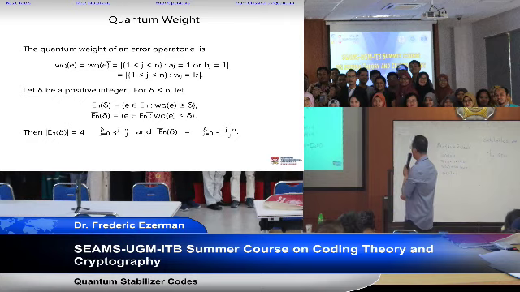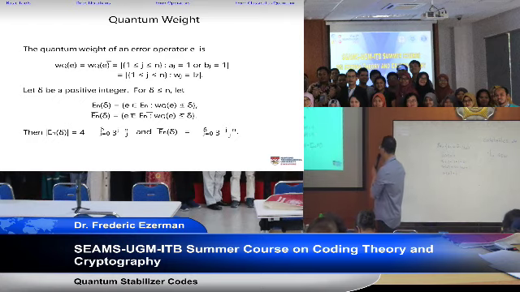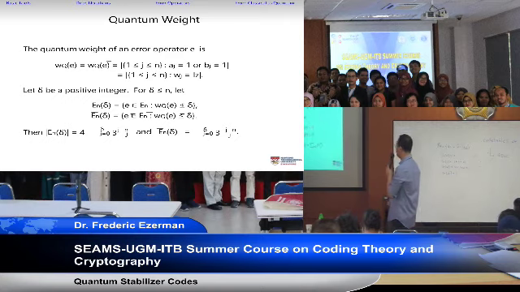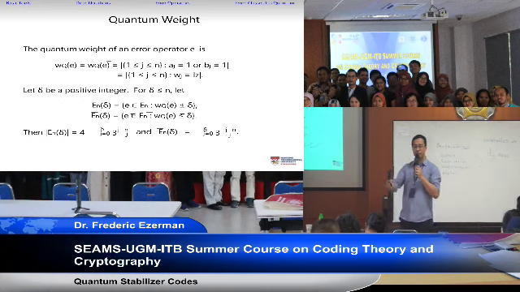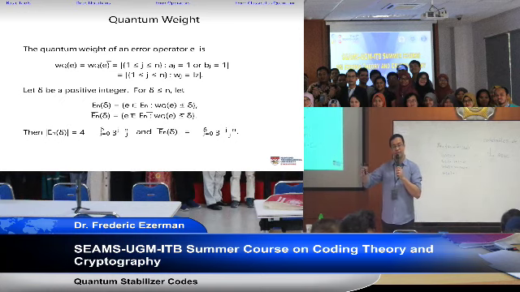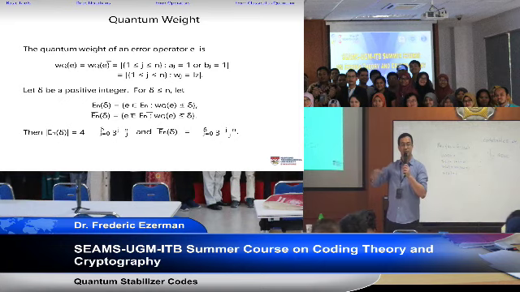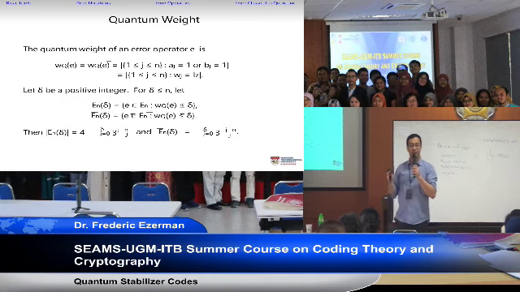Okay? So, now this is interesting. If you take En delta, it is the set of all operators with quantum weight up to delta. So these are all operators where the identity operator happens in at least n minus delta places. The non-identity happen only in up to delta places.